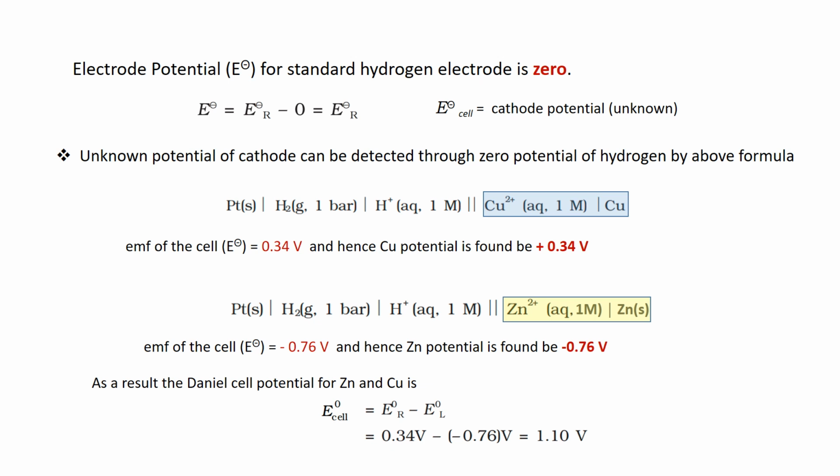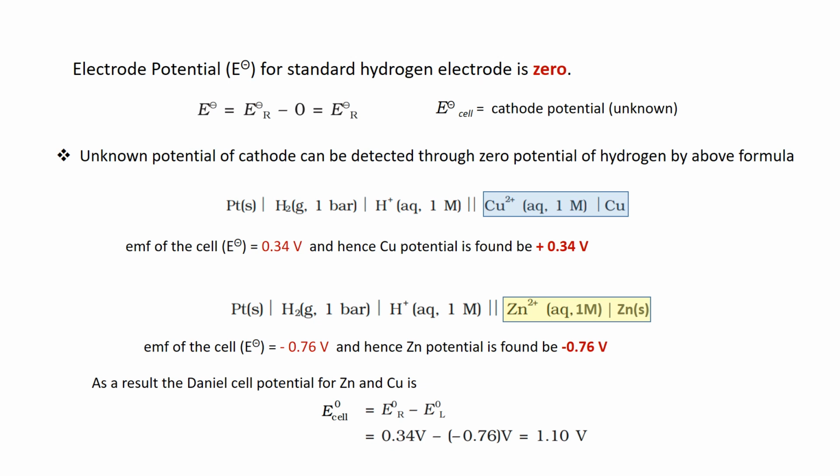When you apply that in the formula, you will get the standard electrode potential of copper as 0.34 volt. Similarly, if you connect zinc with the hydrogen electrode, it will show the standard electrode potential of zinc as minus 0.76 volt.